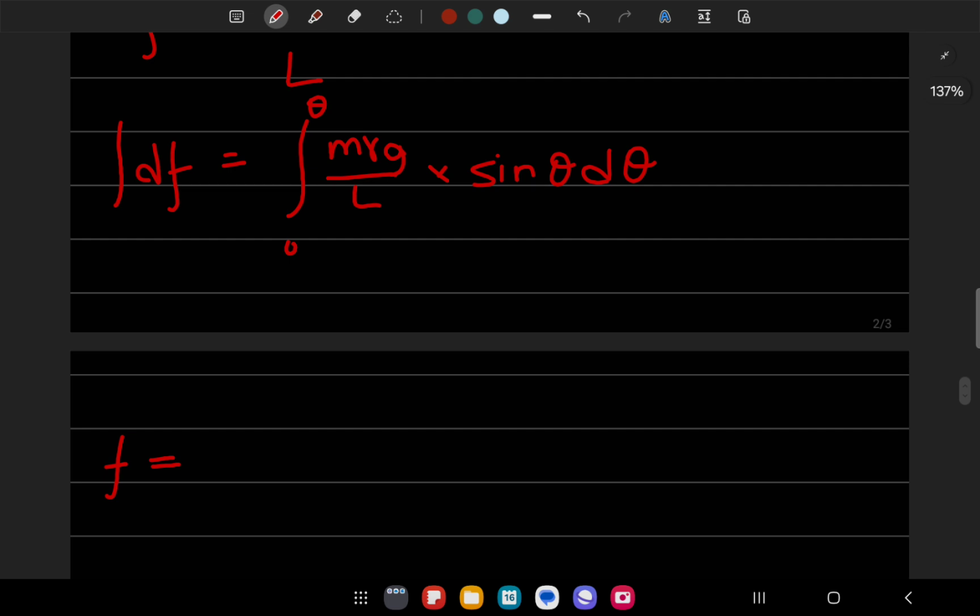Integrating, we get F; m r g by L is a constant. Integrating sine theta gives minus cos theta.